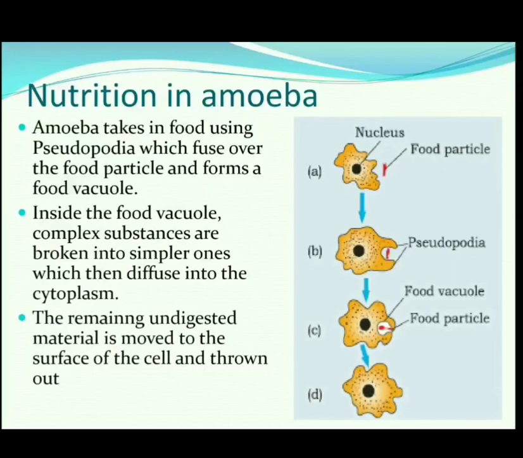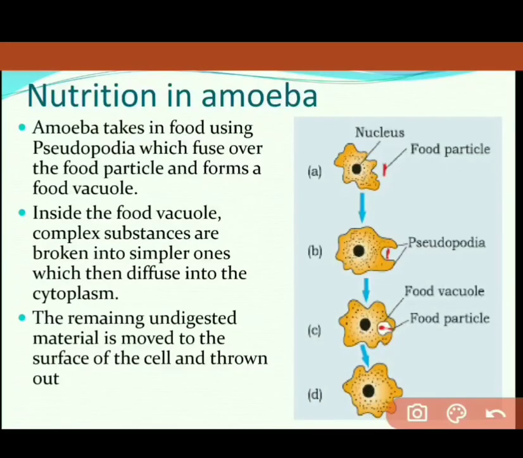Amoeba is a unicellular organism. So how does it obtain its food? Let's see. Amoeba takes in food using pseudopodia. You can see the structure here, pseudopodia, which fuse over the food particles and form a food vacuole. Here you can see the food vacuole. Once they get their prey, they enclose that prey and form a food vacuole.